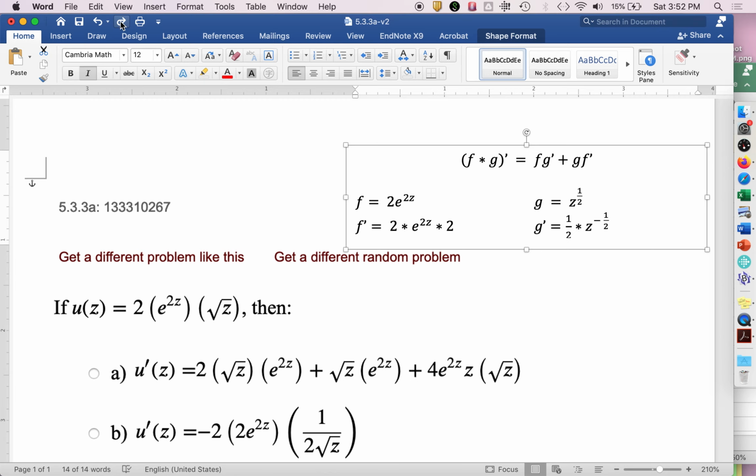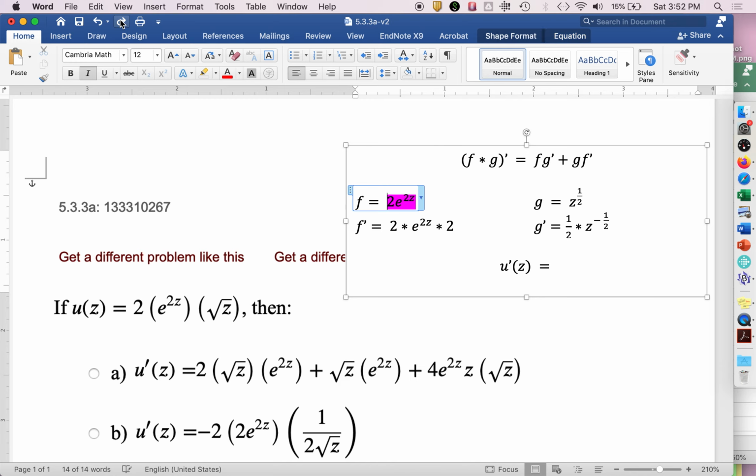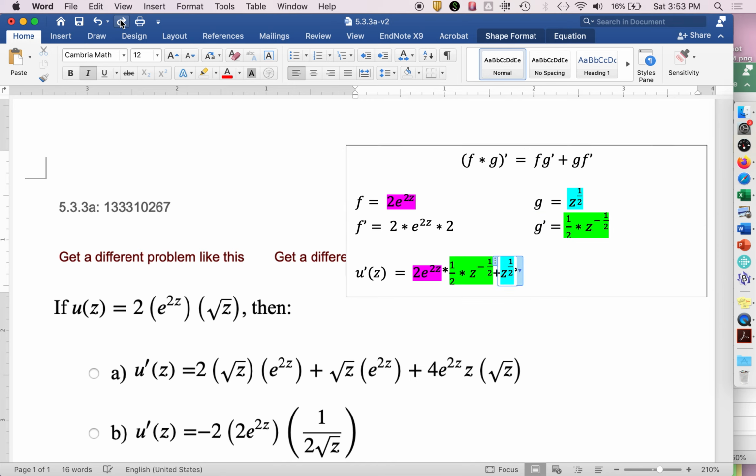Next, I want to put this together with my product rule. And the product rule says I do the left, which is the 2e to the 2z, times the derivative of the right, which is the 1/2 z to the negative 1/2, plus the right, which is the z to the 1/2, times the derivative of the left, which is 2e to the 2z times 2.